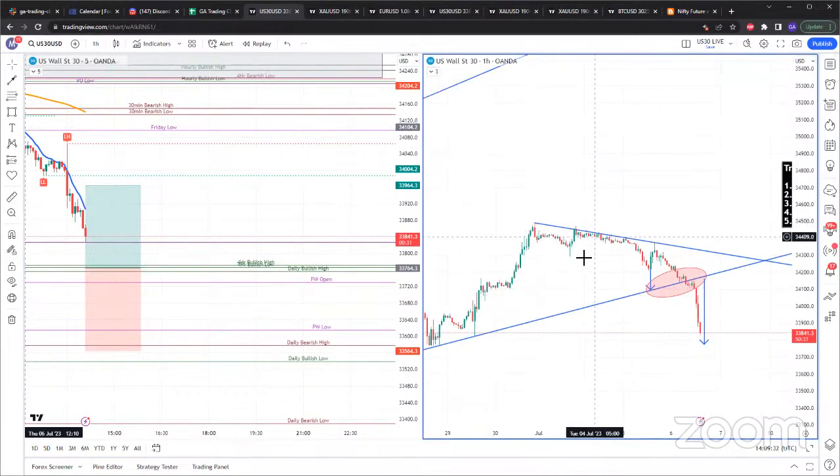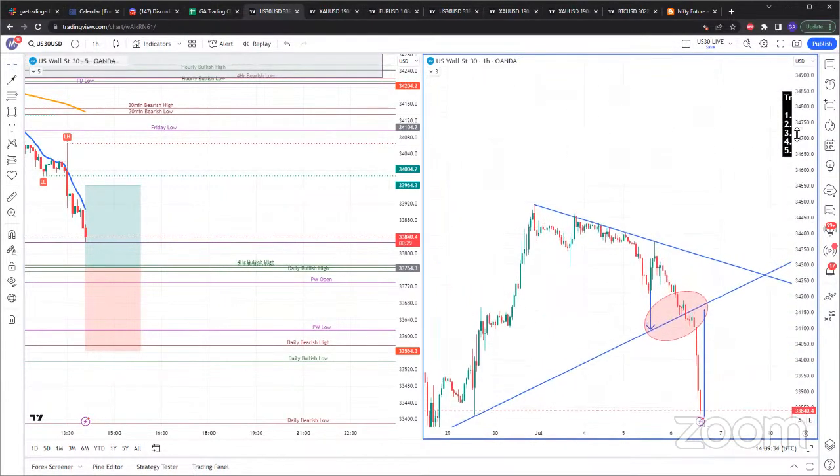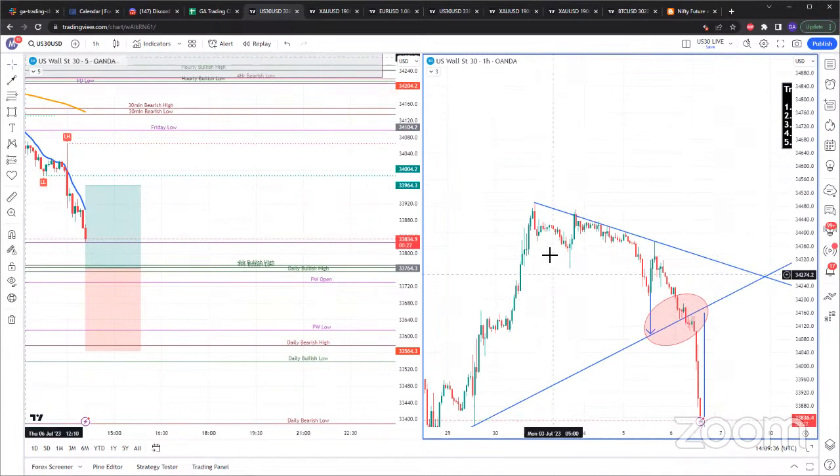But anyway, order block, what I normally looked for when I was marking them up manually, I would look for a trend. So right here, I can tell US 30 started a downtrend with this candle. If it's a downtrend, I'm going to look for the previous bullish candle before the candle that started the downtrend.